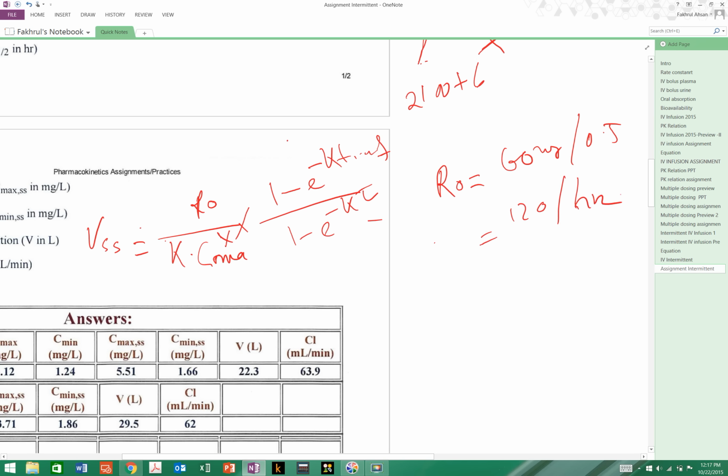If you do not do this calculation correctly, then you will have the wrong answer. So always convert it to hour. Once you know all these things, then things are easy. Here, in case of R, you put 120.